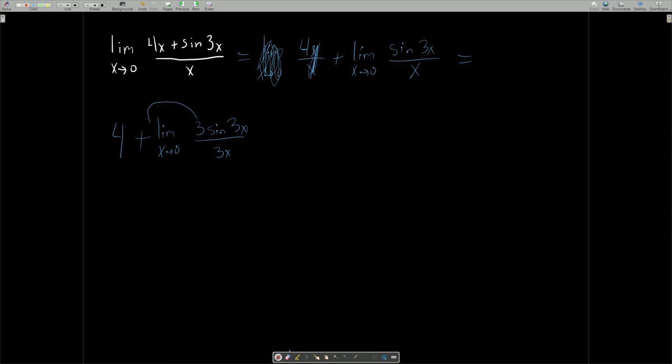And take this 3, move it outside the limit. So you get 4 plus 3 times the limit as x approaches 0 of sine 3x over 3x. Now you can see that 3x and 3x are the same. That means this limit is equal to 1 now. 3 times 1 is 3, plus 4, that's 7.